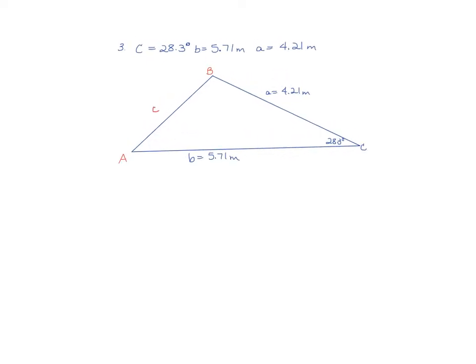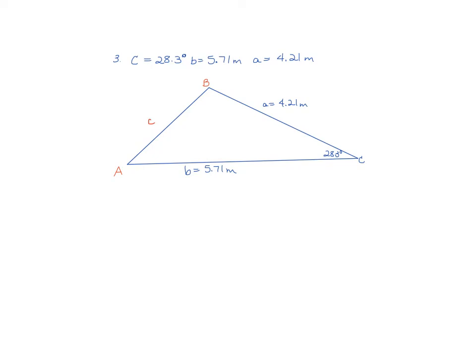So again, if a picture is not provided, go ahead and draw yourself a triangle and label the parts that are given. So notice in the blue, I've labeled my side angle side. So now I need to find the red pieces.